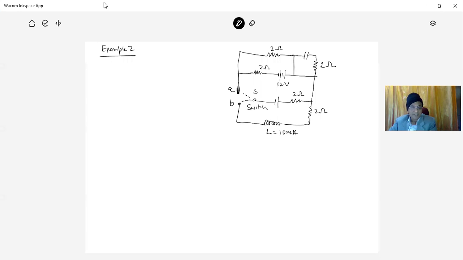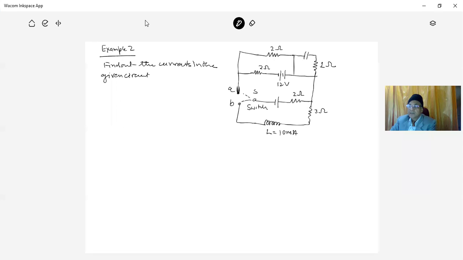So in this circuit, there are 3 meshes. The first task is to find out the currents in the given circuit.